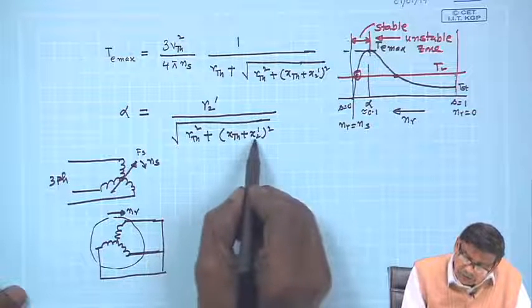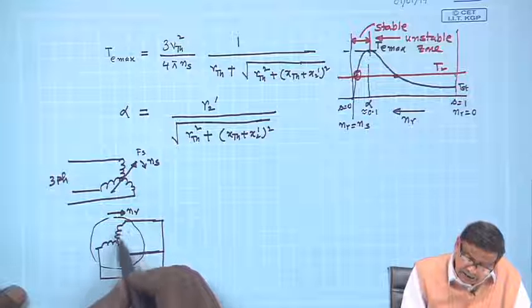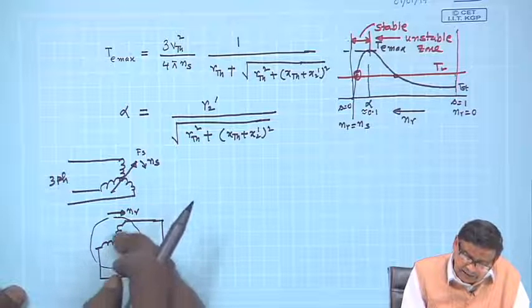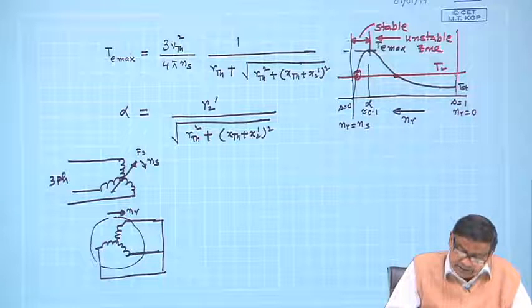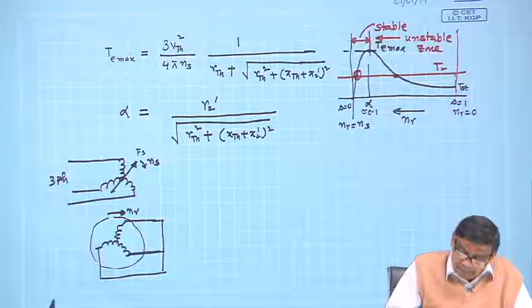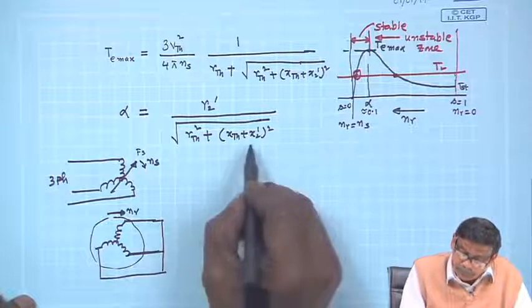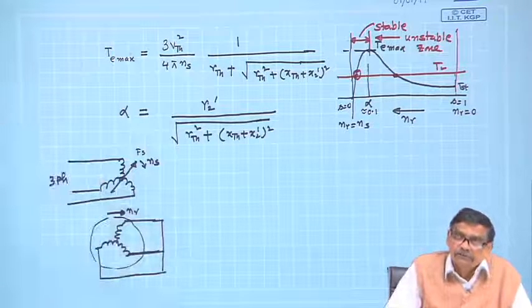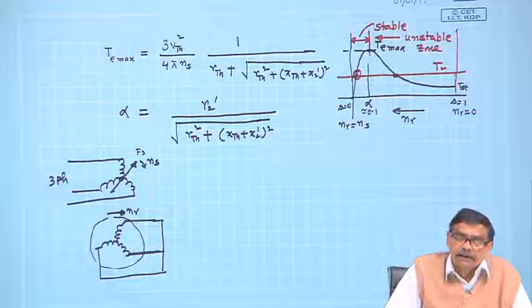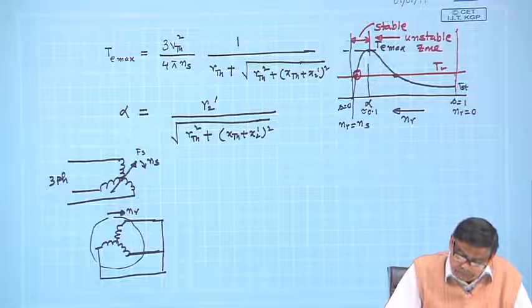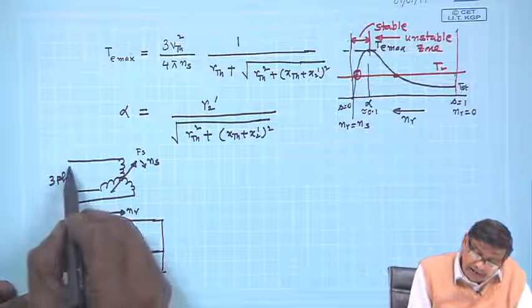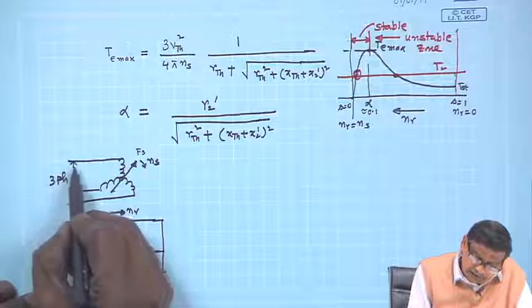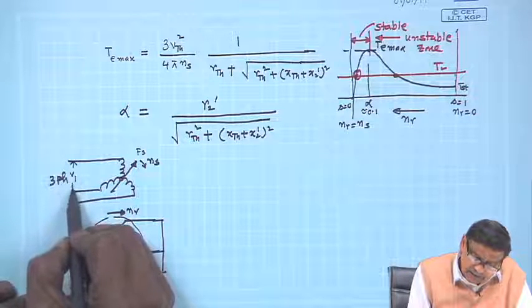Now, this R2 dashed and X2 dashed are the inherent resistance and leakage reactance of the rotor, R2 and X2. These are of course reflected values, they should be multiplied by a square term, we know that. And here the per phase voltage applied is V1.